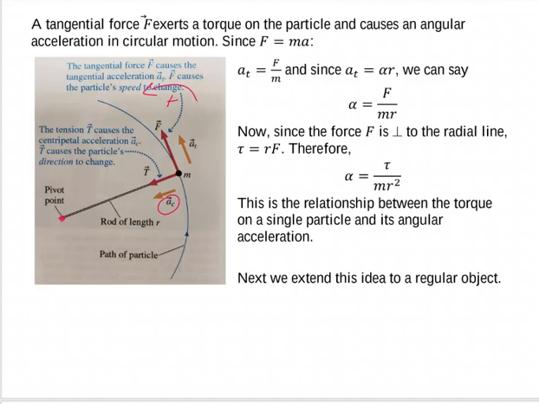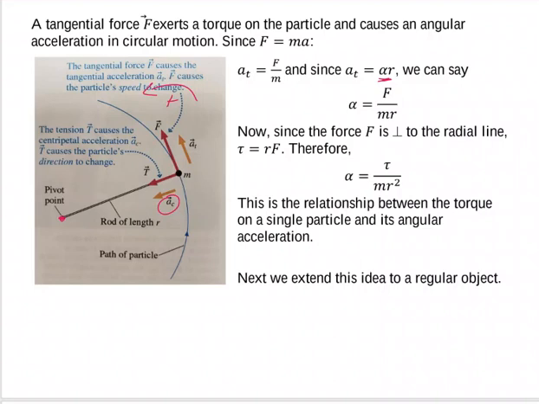So since acceleration tangential equals alpha r, that's where the alpha comes in. That's the angular acceleration of the entire rotating thing, the disk or whatever it is. We can say alpha equals F divided by mass times radius. Now the force F is perpendicular to the radial line.